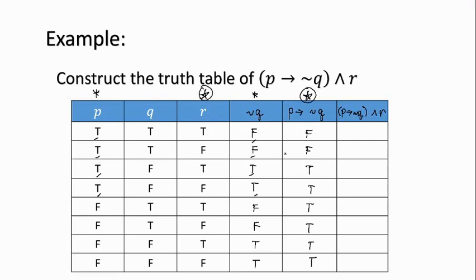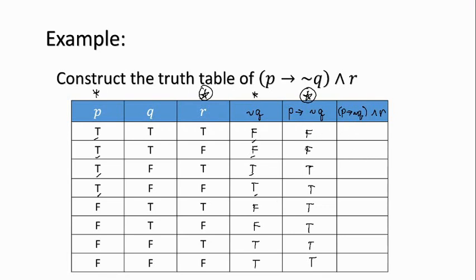So we are applying the definition of conjunction. So if we go back, conjunction is only true when both are true. So they have to be both true for us to say that they are true.